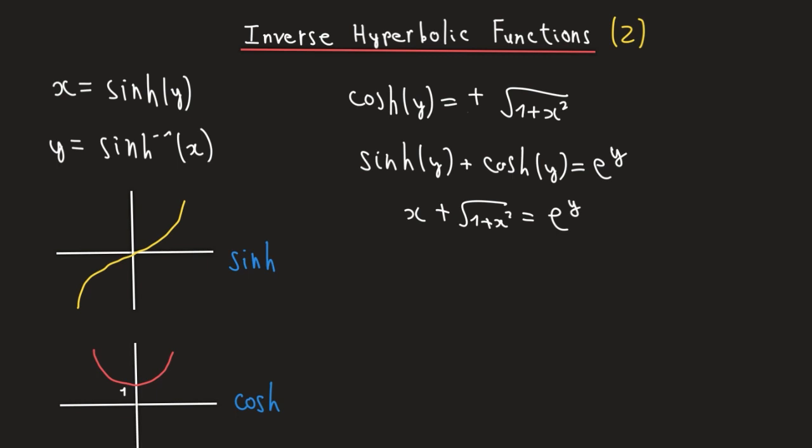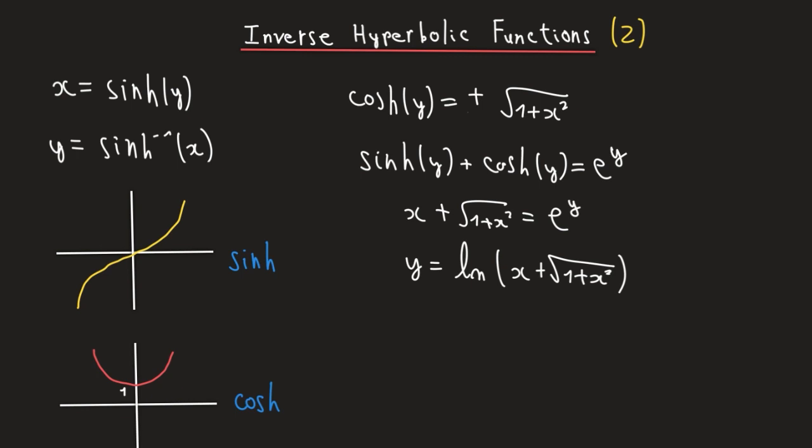Now remember, we want an expression for y as a function of x, and therefore we take the logarithm on both sides, which means that y is equal to the natural logarithm of x plus the square root of 1 plus x squared.